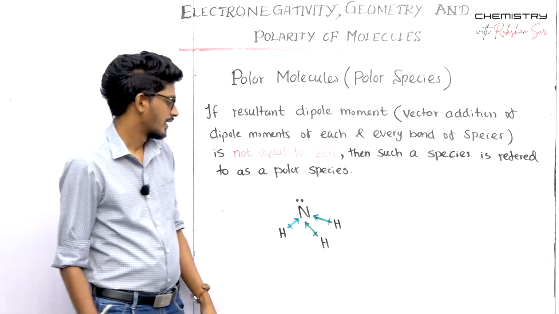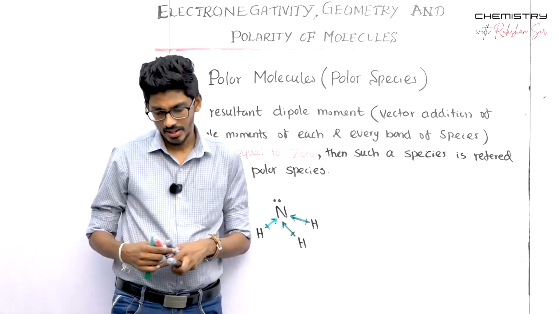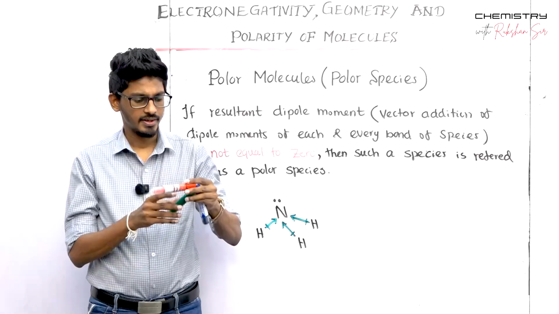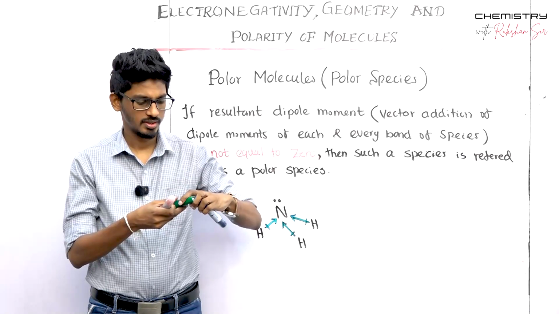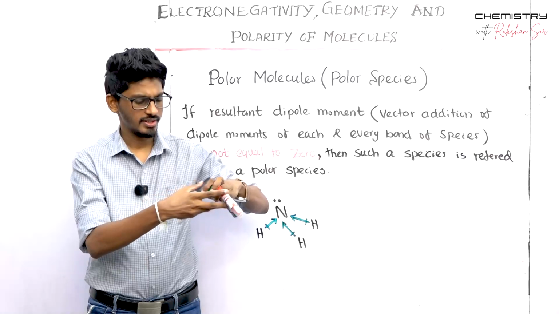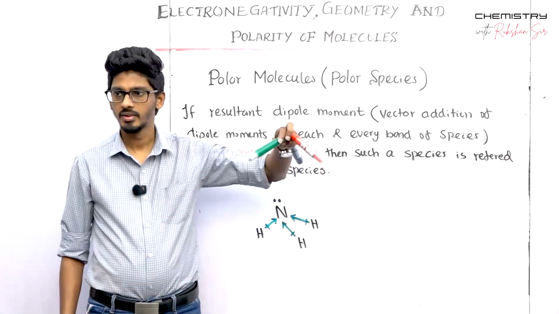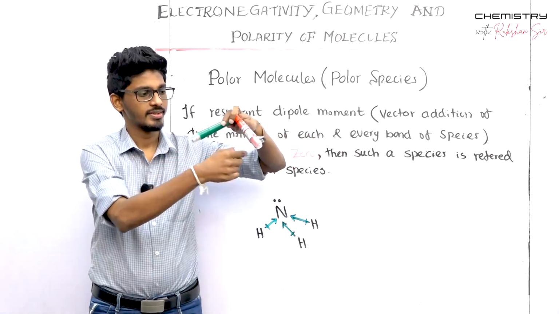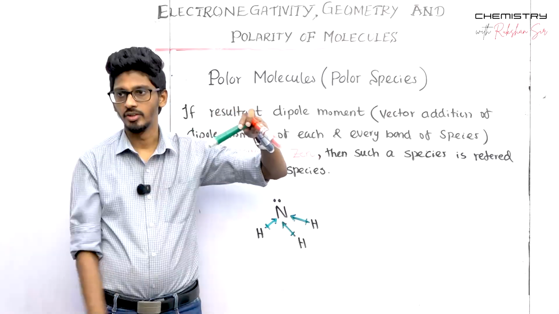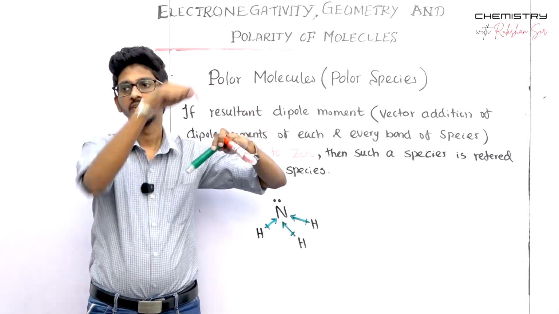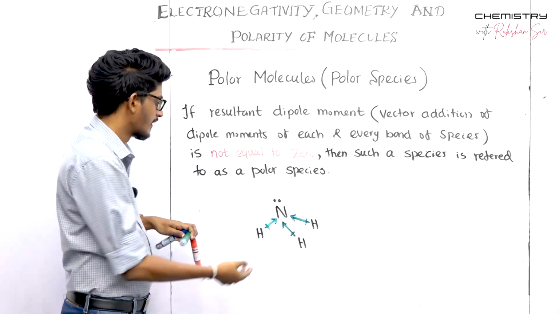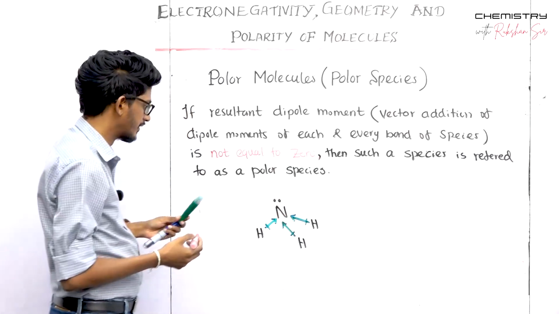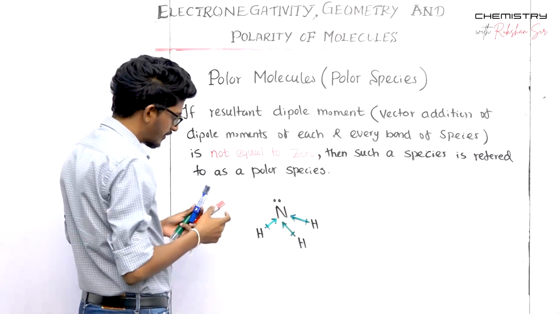So you clearly see the vertical resultants will cancel off, as the three bonds will appear just like this. The vertical resultant definitely will cancel off, but not the horizontal resultant. So the horizontal resultant won't cancel off, and will appear ultimately as a net dipole towards upward.